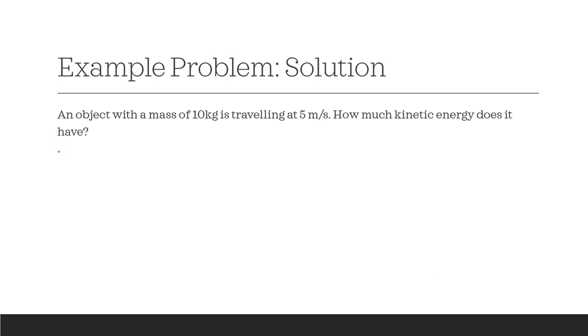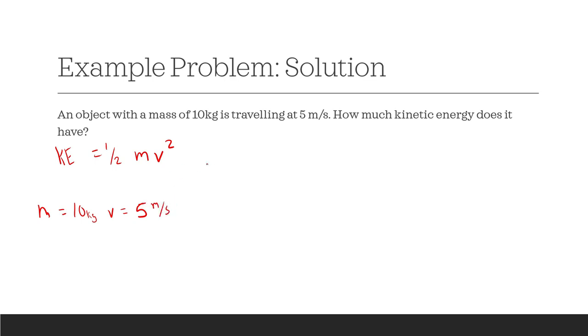Okay, so to solve this problem, we get to start with our formula. KE equals 1/2 mv squared. And in this case, our m equals 10, our v equals 5. So I guess I can put the units here, kg and meters per second.